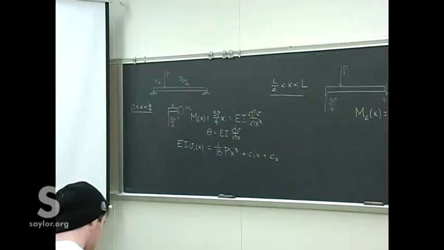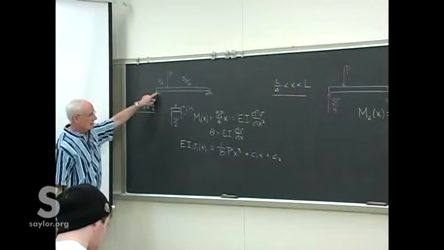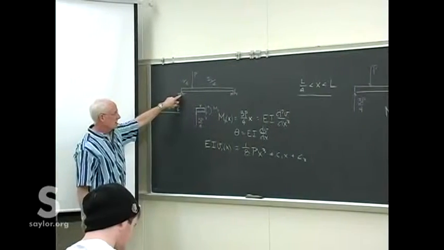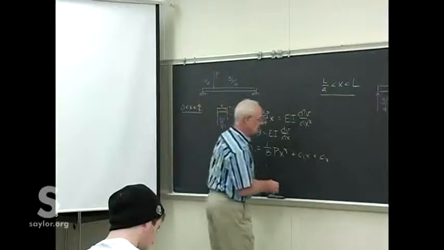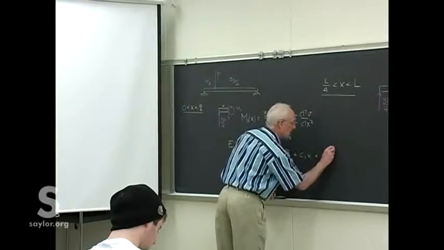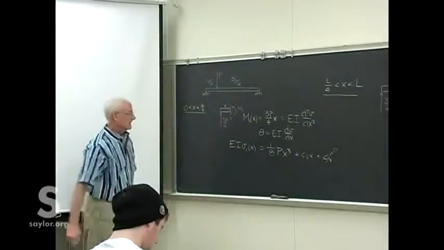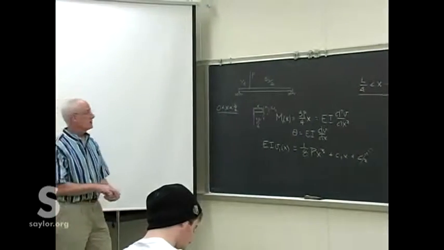Get something like that? C2 is 0. And so we can take care of just one of them at x equals 0. The deflection is 0, so we know that C2 is 0. There's not anything else to do yet.